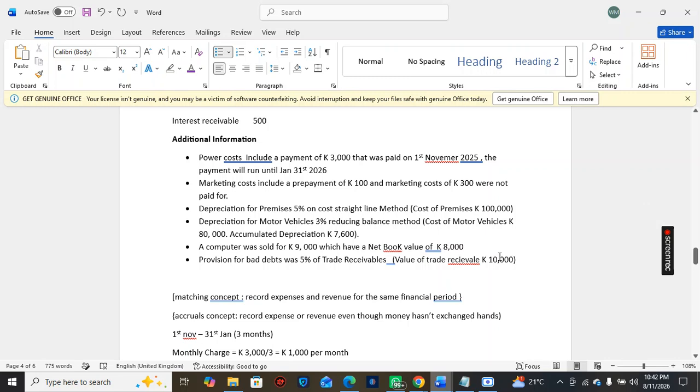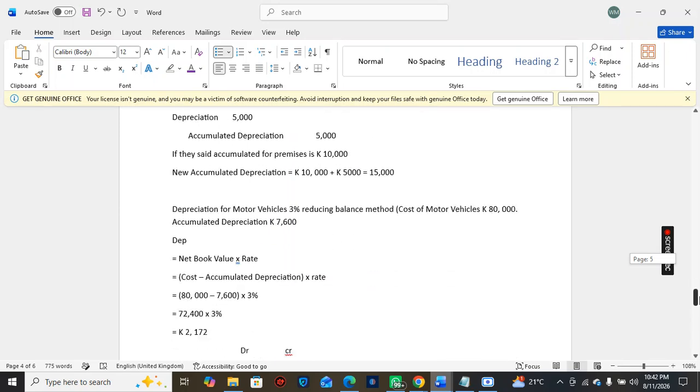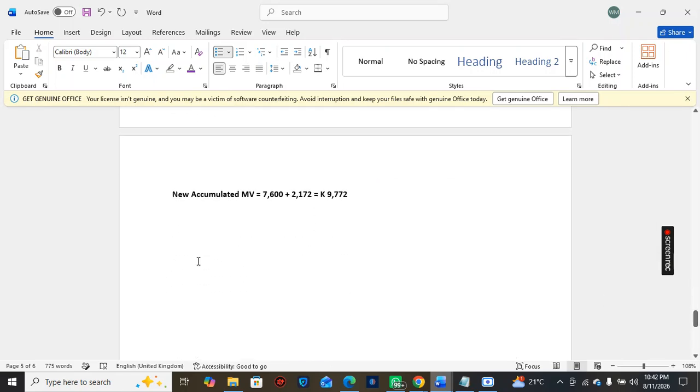So colleagues, in accounts, when you get rid of an asset, you want to find out if you either gained or made a loss on the disposal of that asset. So the gain or loss on disposal is the cash you receive minus the net book value.